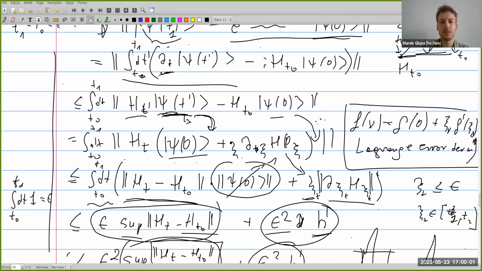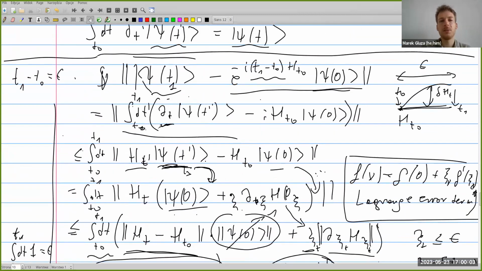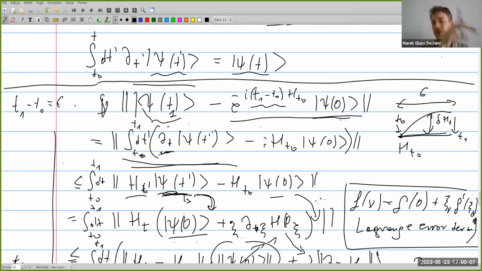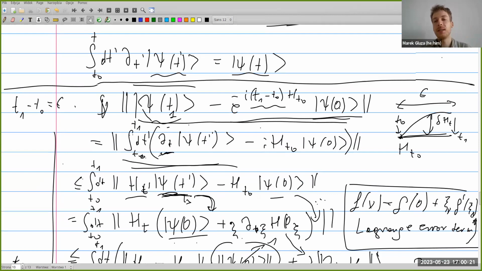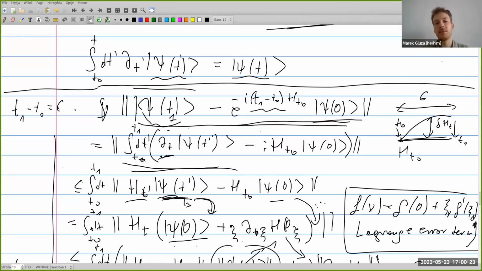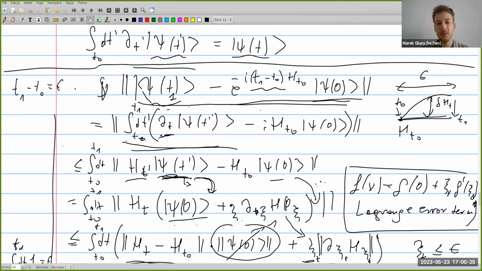Right? So changing into integrals. If I want to check how do solutions differ, I can insert an integral and integrate out how their differential equation differs, right? This is just the fundamental theorem of calculus in some way. But once I have the derivative, I get my difference of those Hamiltonians.